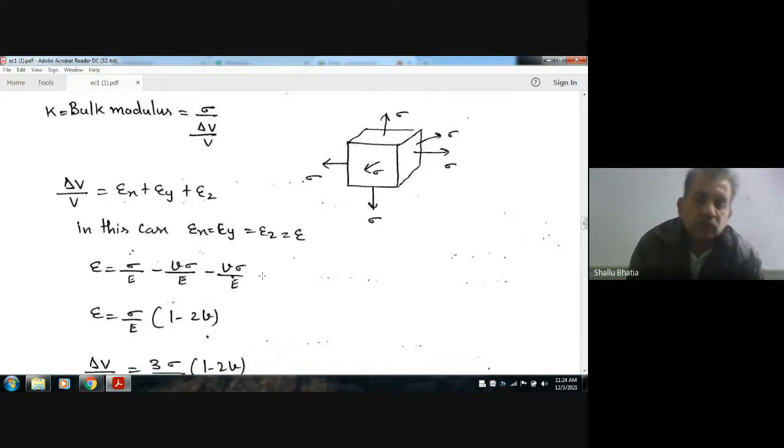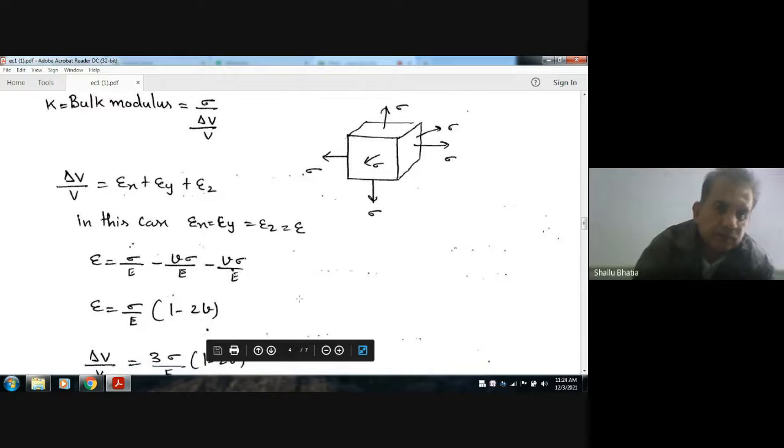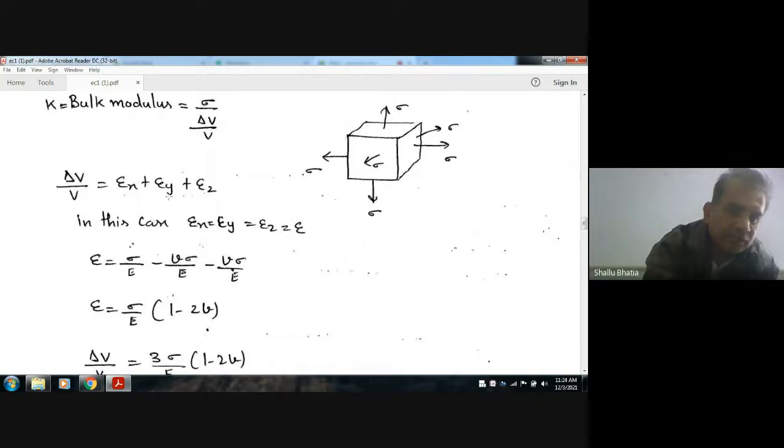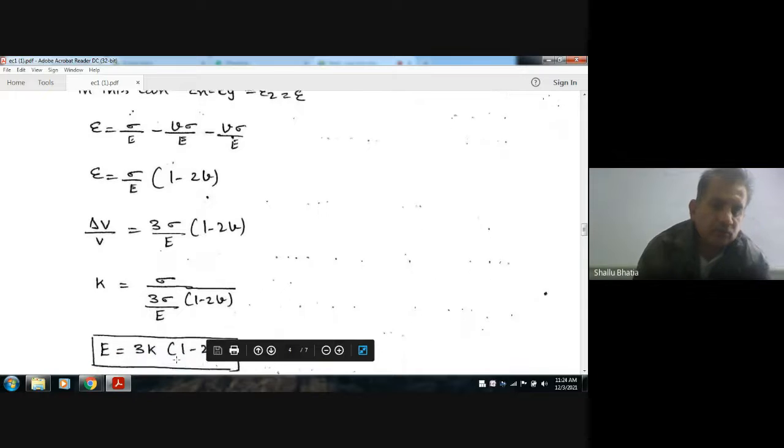Okay, so epsilon, if we simplify it, will be sigma by E times 1 minus 2 mu. Now change in volume by volume is epsilon x plus epsilon y plus epsilon z, which means 3 epsilon. So change in volume by volume is 3 sigma by E times 1 minus 2 mu. Okay.